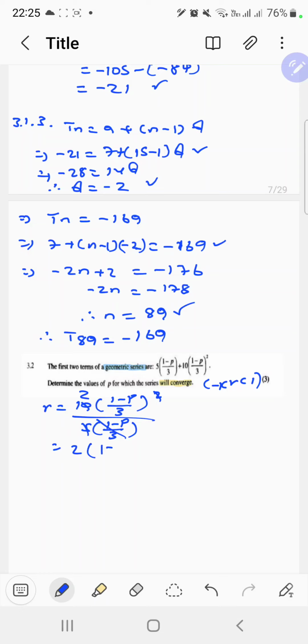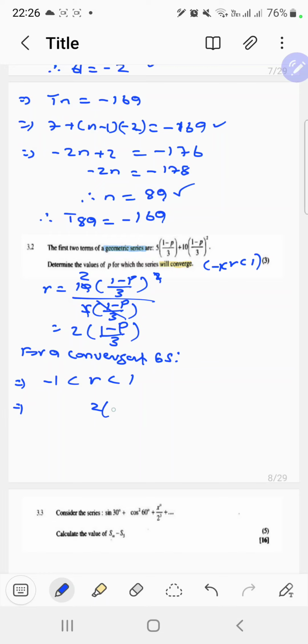Okay, that's it. So we can say here, for a convergent GS, it is such that r is less than 1 and greater than minus 1. So how do we deal with this one? This implies now we put our r, 2 into (1 minus p over 3), should be less than 1 and greater than minus 1.